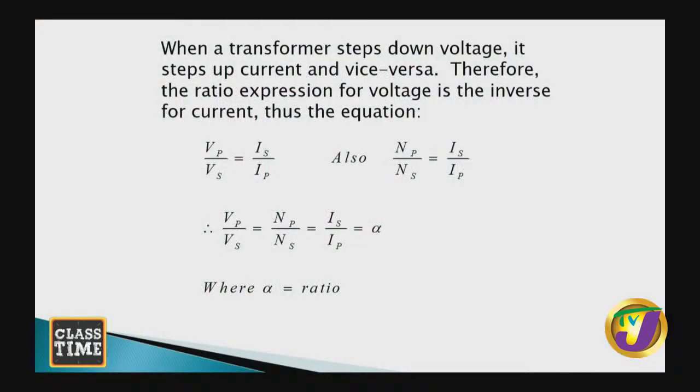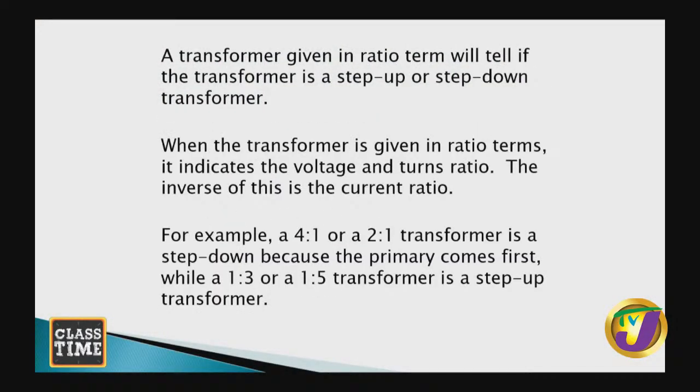A transformer given in ratio terms will tell if the transformer is a step up or a step down transformer. Remember, we're talking about voltage mainly. When a transformer is given in the ratio terms, it indicates the voltage and the turns ratio. The inverse of this is your current ratio, but we mainly focus on the turns ratio and your voltage ratio.